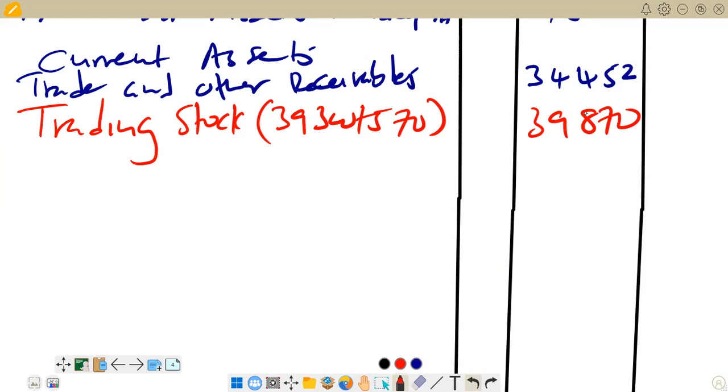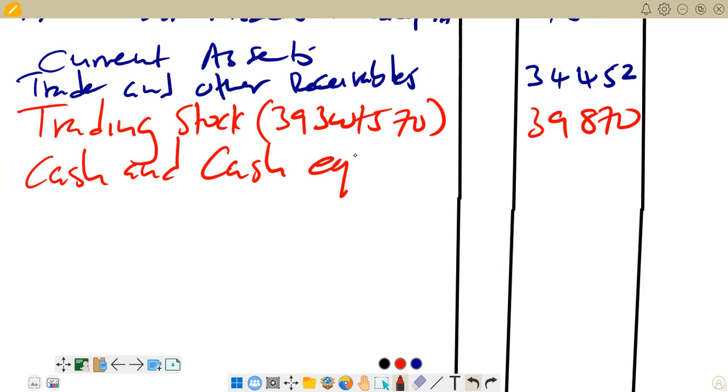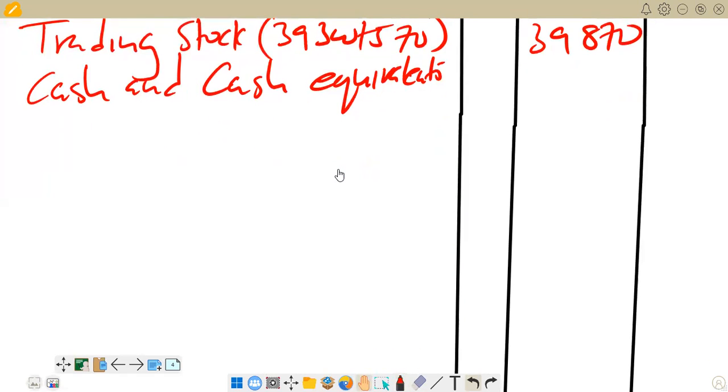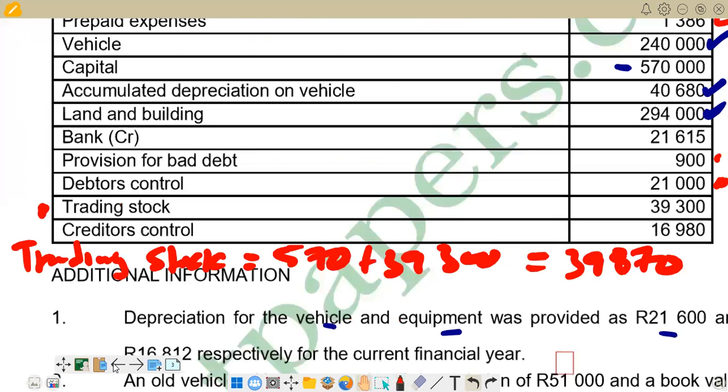Then we can also go and check the figure for cash and cash equivalents. So we go to the question to check the figure for cash and cash equivalents.